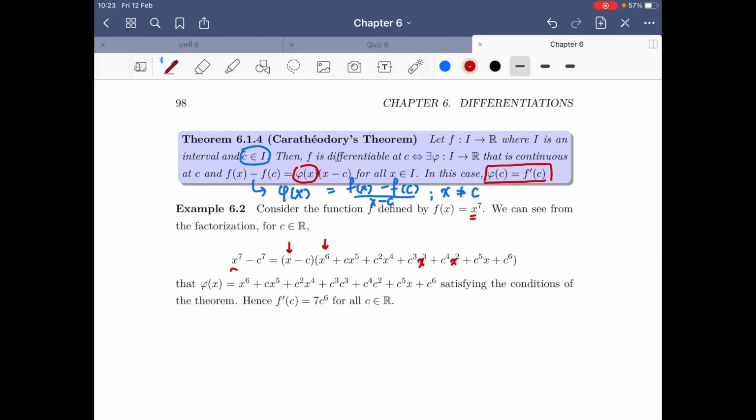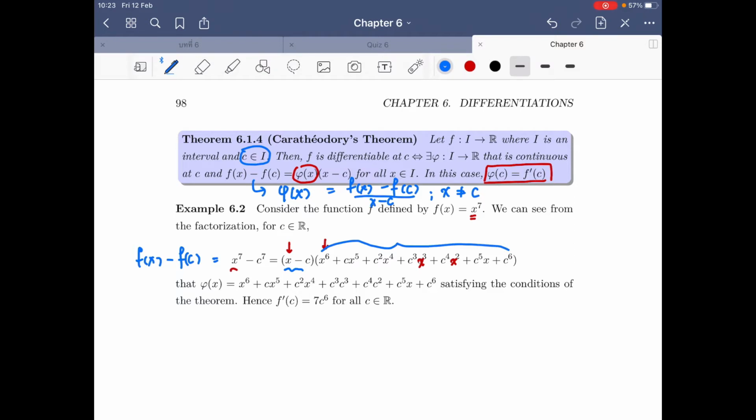So it means that this is actually f(x) minus f(c), and this equals x minus c times this polynomial.